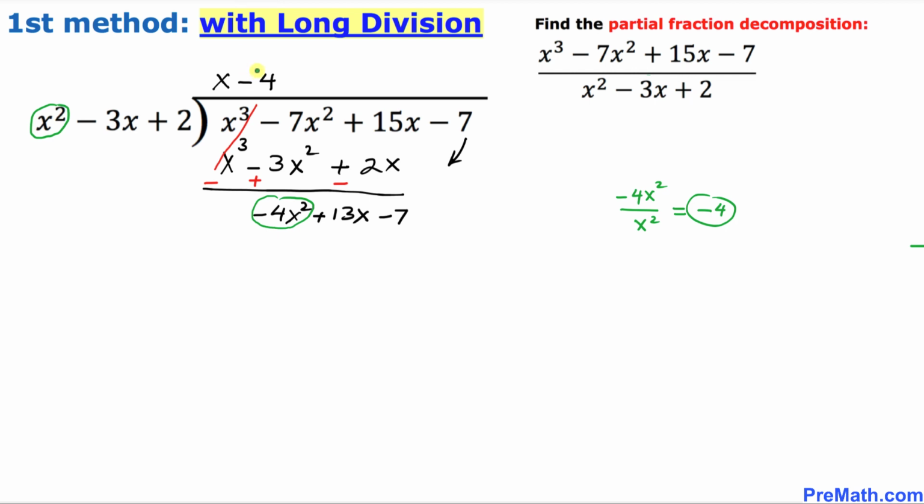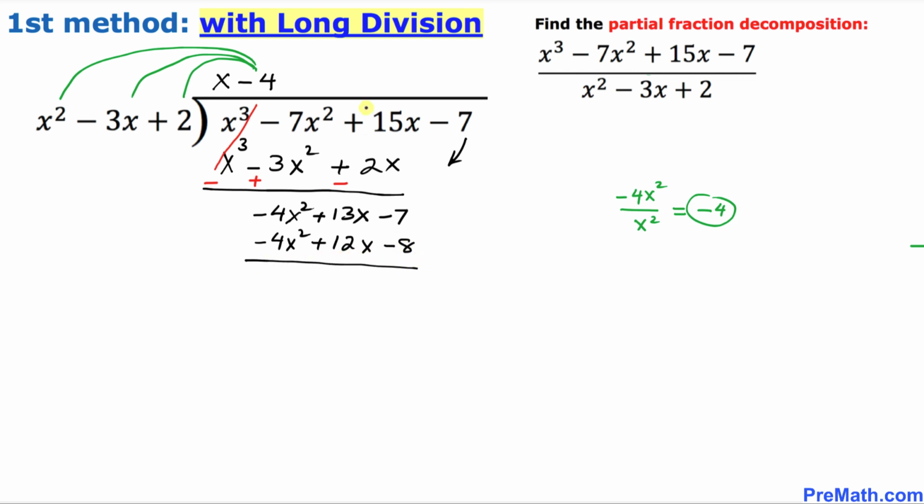Now we are going to multiply this negative 4 across the board as we did in the previous step. That's going to give us negative 4x squared plus 12x minus 8. All right. And once again, we are going to change the sign.